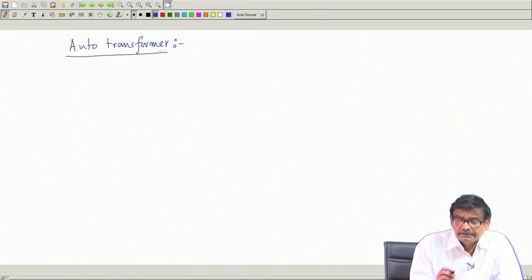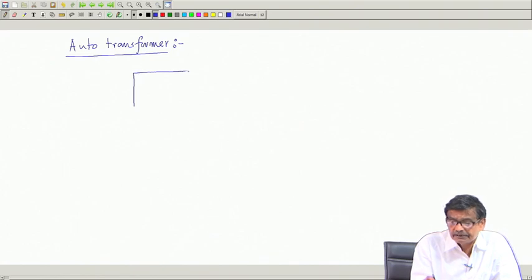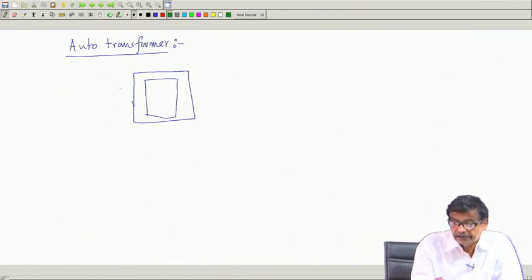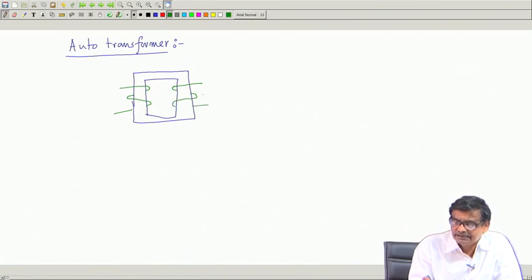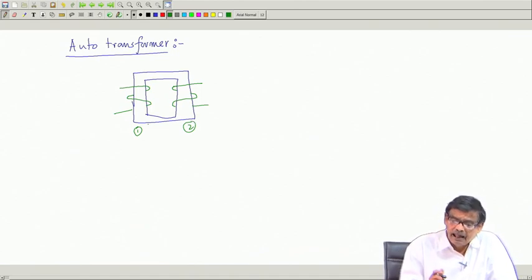We have so far seen that a two winding transformer essentially means that you have a core and there are at least two separate coils, and these coils will be distributed, but that is not generally shown here to reduce the leakage flux. But this is understood, this is side 1 and side 2, two coils are there.